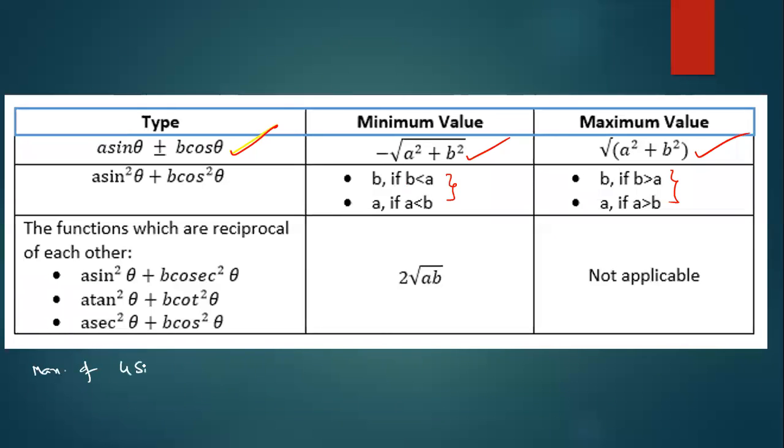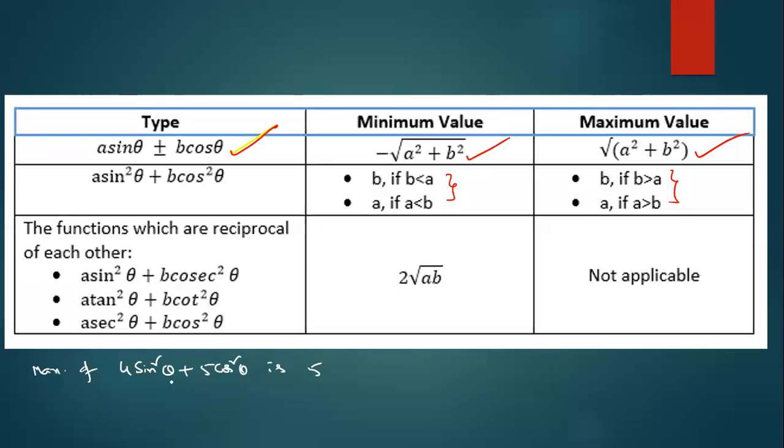Maximum of 4 sin square theta plus 5 cos square theta is? 5. Yes. What is the minimum? 4. So these type of observations are very, very important.